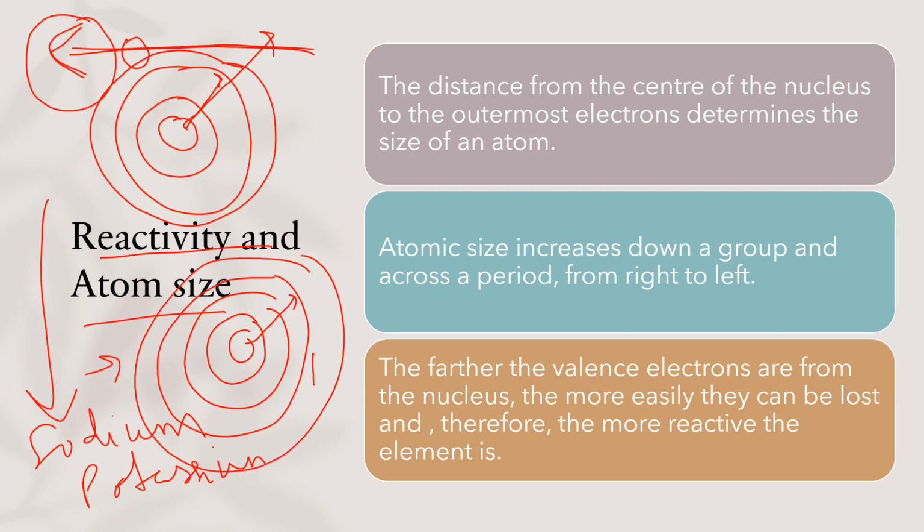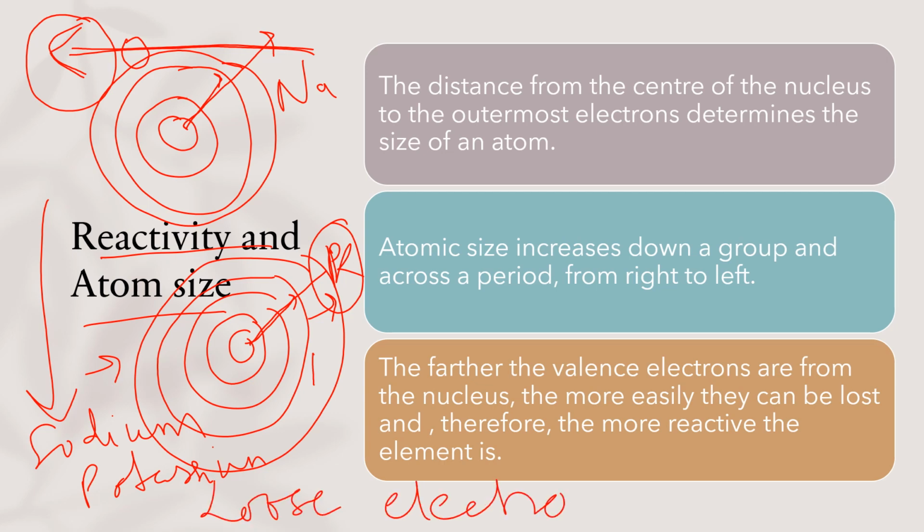So the distance from the nucleus to the valence electron in potassium is greater than in sodium. That's why potassium is more reactive. It is easy for potassium to lose an electron. So potassium is more reactive than sodium.